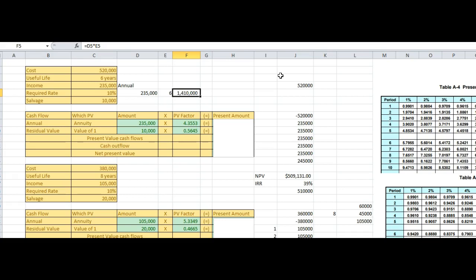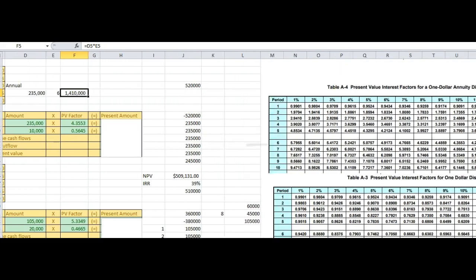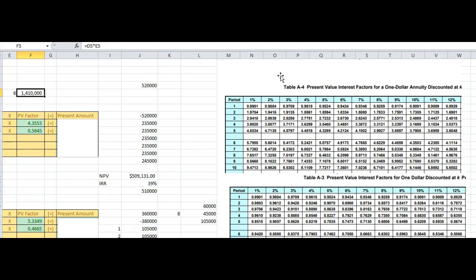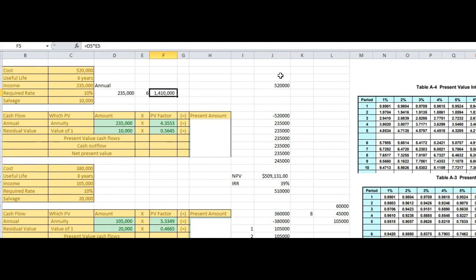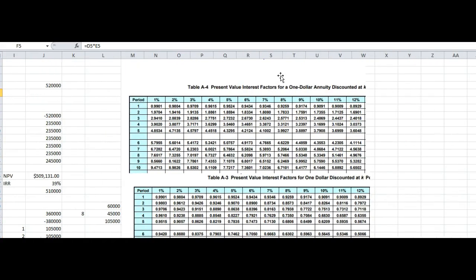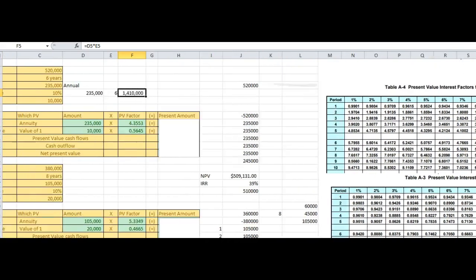A dollar today is not the same value as a dollar in a year. And that's why we have these present value tables. That's going to tell us the difference. Now, when we're doing an income that is the same over a length of period of time, that's the same as an annuity. So you would use the factors in the annuity table.